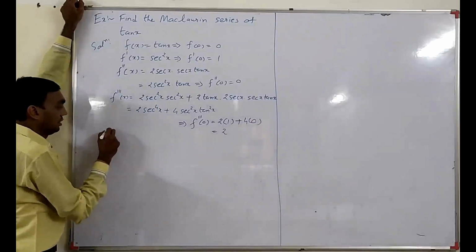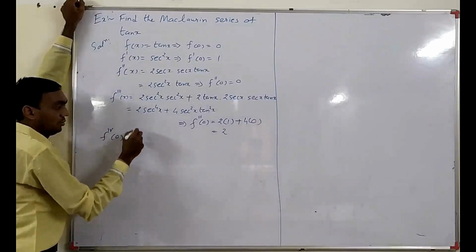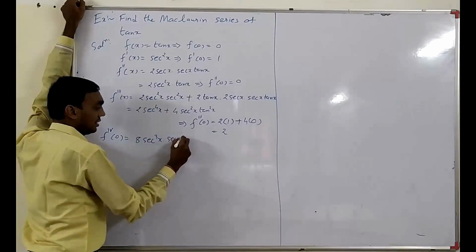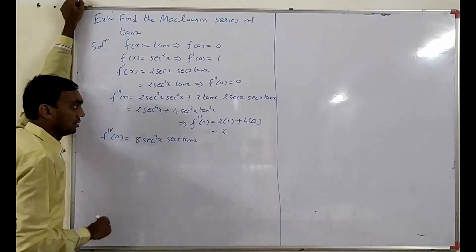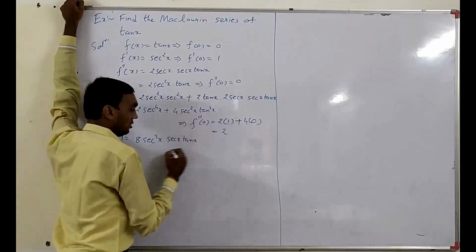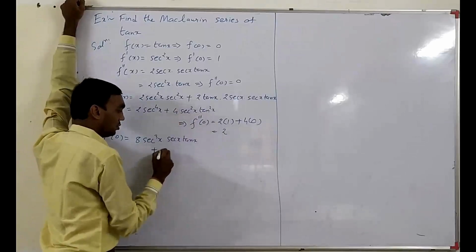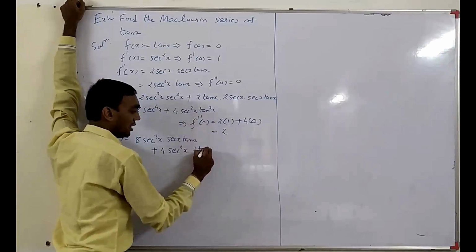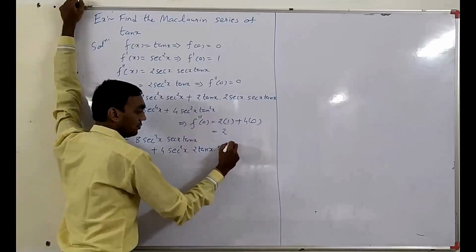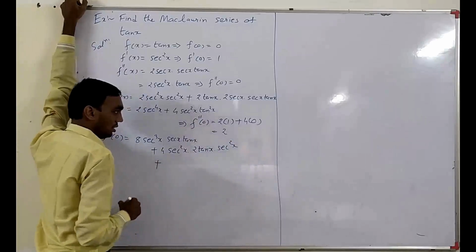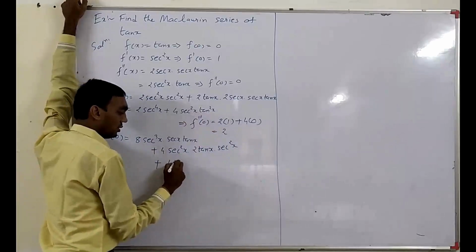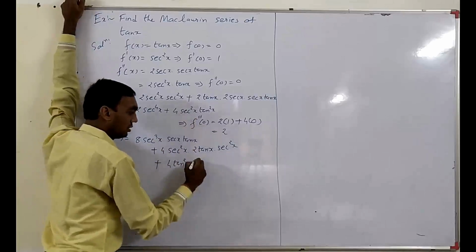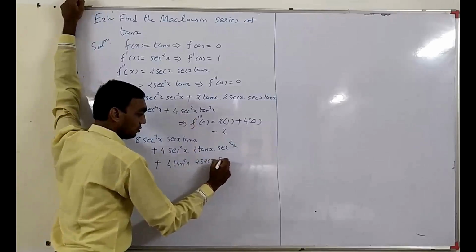Same method for f''''(0). Now 4 into 2 is 8 sec cube x into sec x tan x, plus here you have to apply u into v. So plus first 4 sec square x as it is, and tan square x has a derivative 2 tan x into derivative of tan, which is sec square x, plus 4 tan square x as it is, and derivative of sec square x will be 2 sec x into sec x tan x.